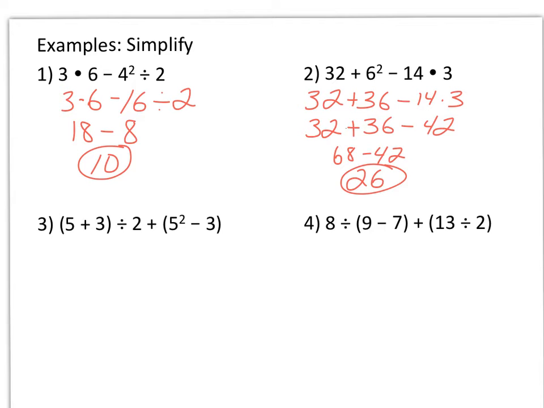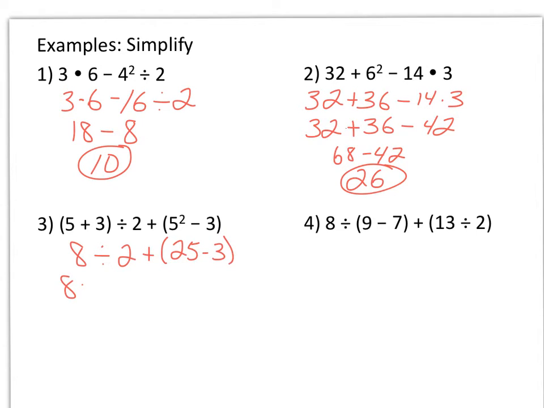All right. Number 3, we have some parentheses. So we want to simplify in the parentheses first. In our first set, we have 5 plus 3, which is 8. And then once you have only one number in parentheses, you do not need those parentheses anymore. Let's bring down that divided by 2 plus, now here we're going to keep our parentheses for another step. Let's do that 5 squared, which is 25, minus 3.